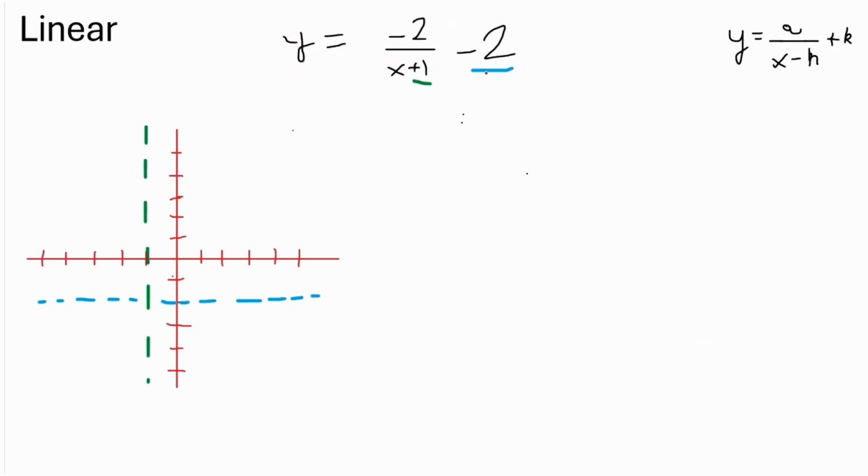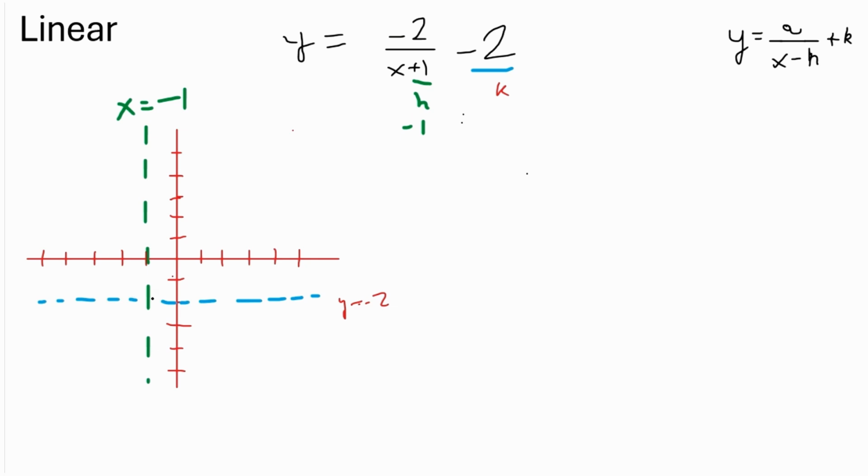So from this, we know our horizontal asymptote is going to be -2, which is our k value. Okay, y equals -2. And our vertical asymptote is going to be our h value, so x equals -1. The h value is always negative, the other sign flipped.